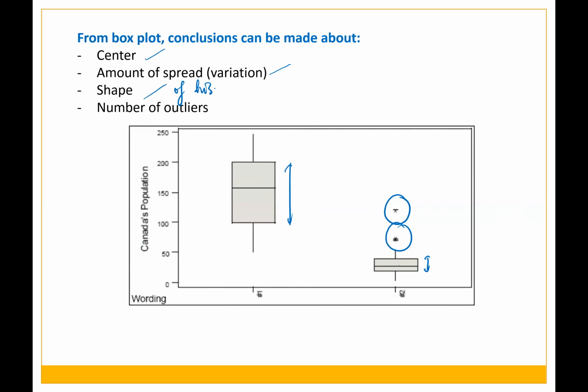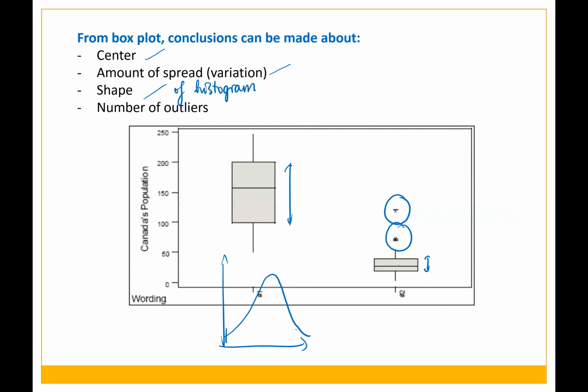It's not 100% here, but you can clearly see that if you have a histogram here, the median is slightly closer to the upper quartile, so it's a little bit skewed to the left.